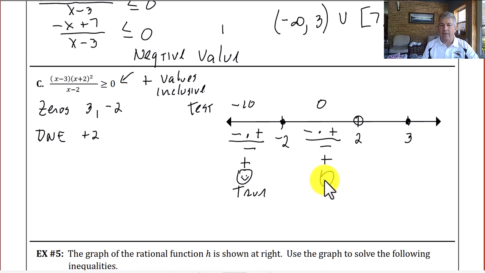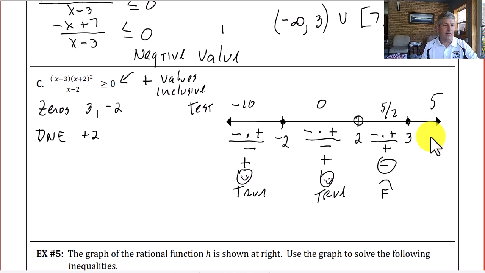We like that guy as well. That one is true. From 2 to 3, we might test something like 5/2, and we get a negative times a positive over a positive, which is a negative value. So we don't like that. That one's false. We won't use that region.